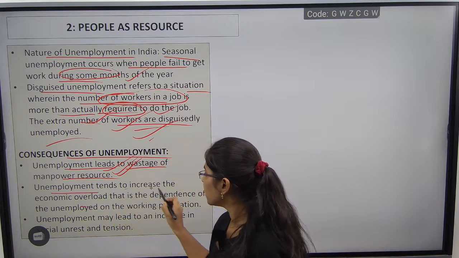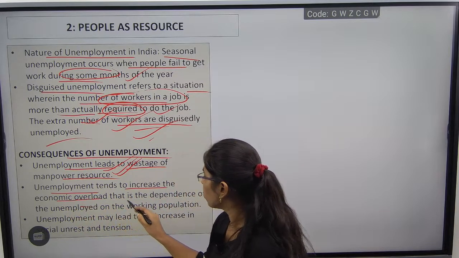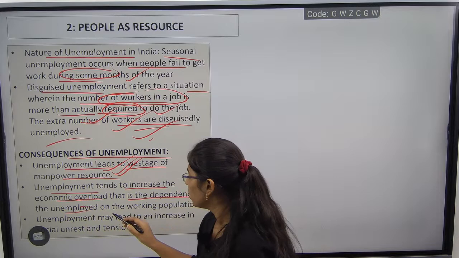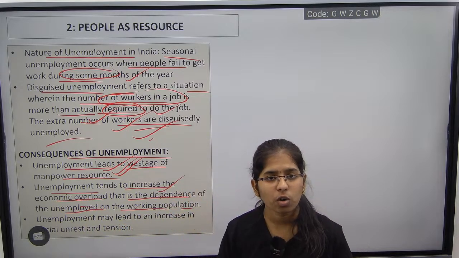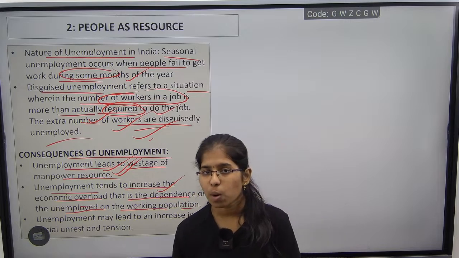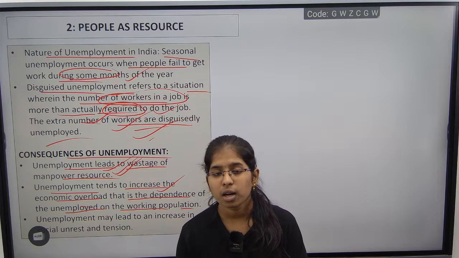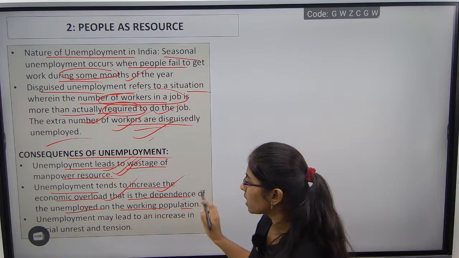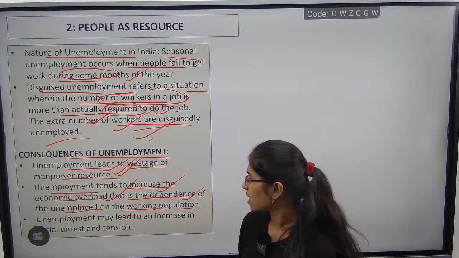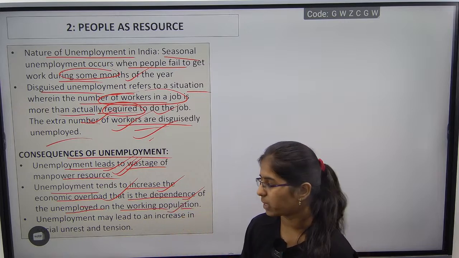And unemployment tends to increase the economic overload, that is, the dependence of the unemployed on the working population.